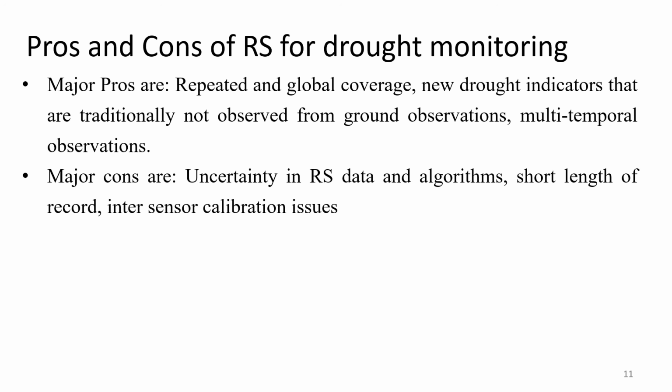They may have different look angles, different spectral bandwidths, different radiometric resolution and so on. So it is not a trivial task to just take data from one sensor and substitute it in place of another. This inter-sensor calibration issue is a major problem in using remote sensing data for drought monitoring when we want to create a long time period of data record.